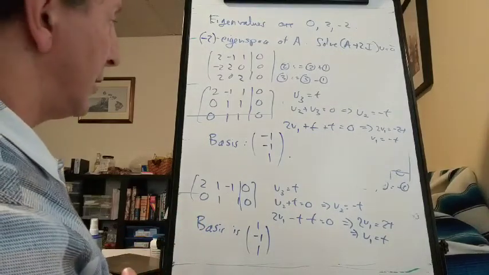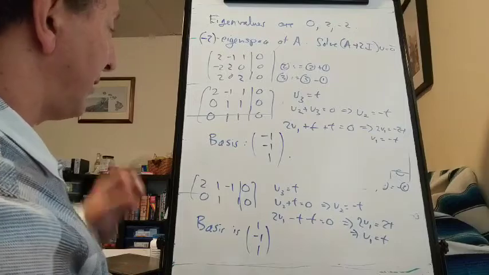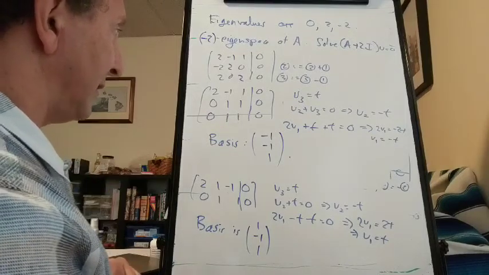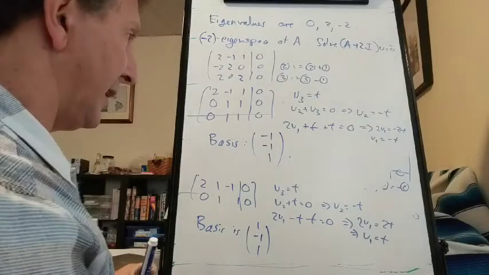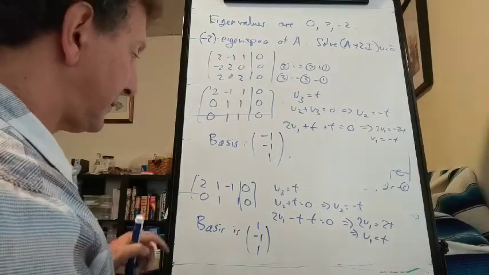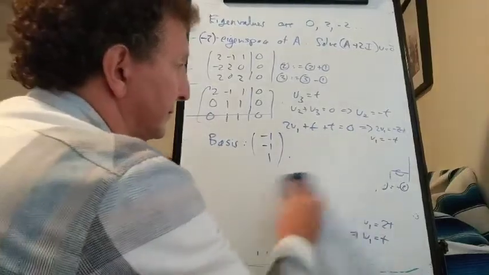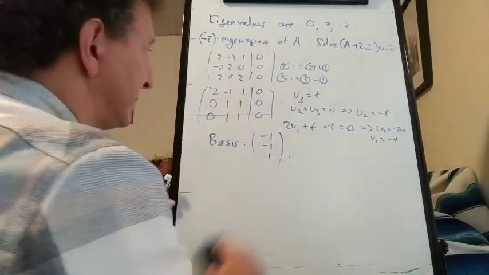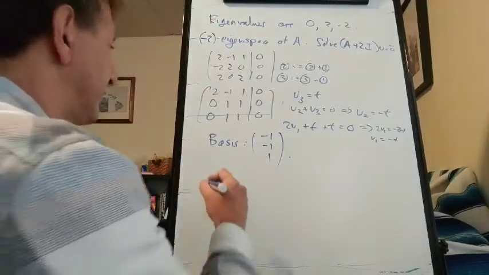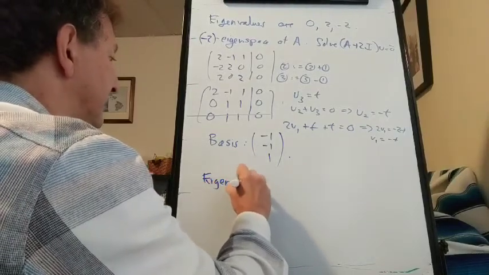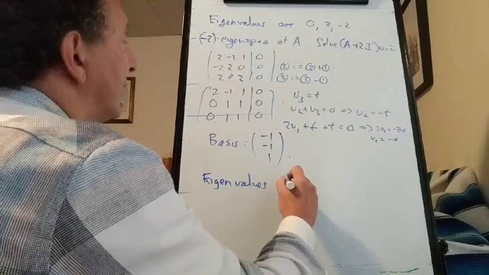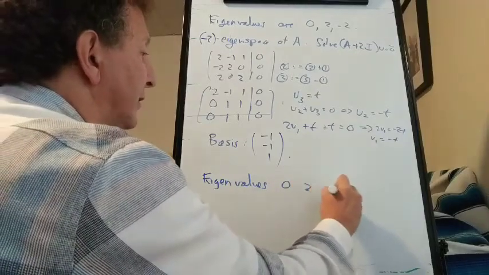All right, so let's collect the three bases of the eigenspaces. So our eigenvalues are 0, 2, and negative 2.